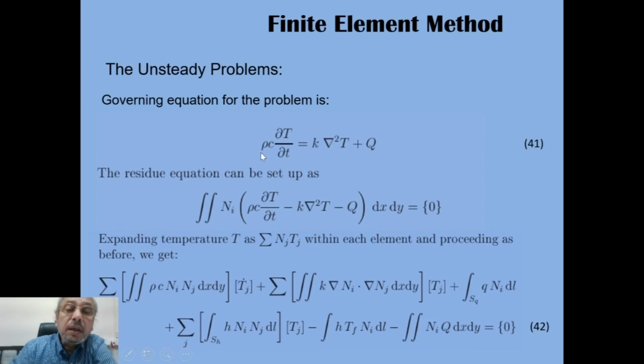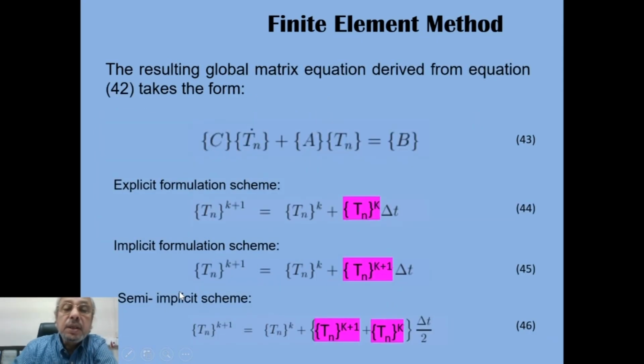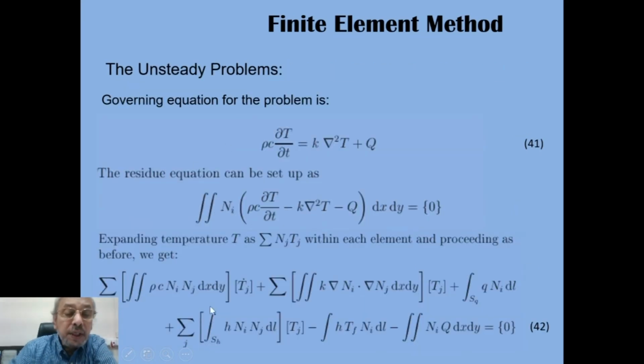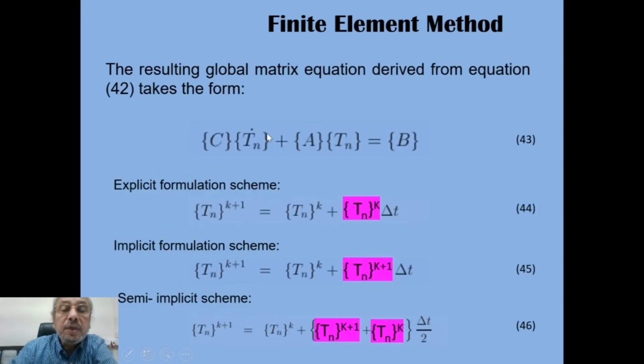And rho c has been integrated over the domain using the mass lumping concept. That then produces the C matrix. Basically, this integration produces C matrix into Tn dot, where Tn dot is dTn/dt, the derivative quantities of the temperature.